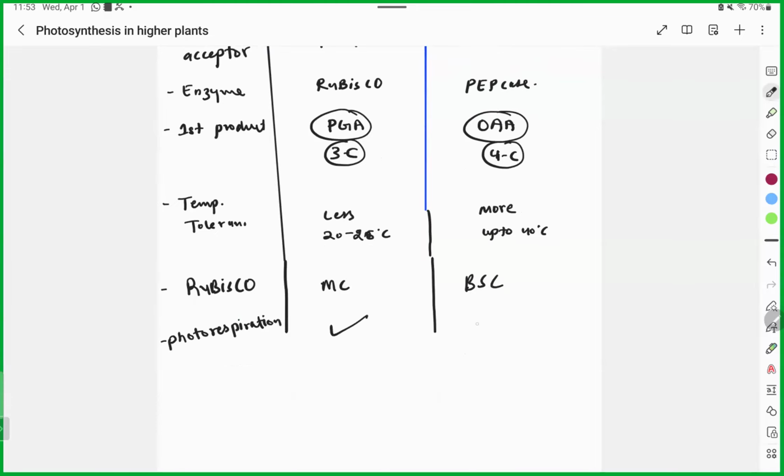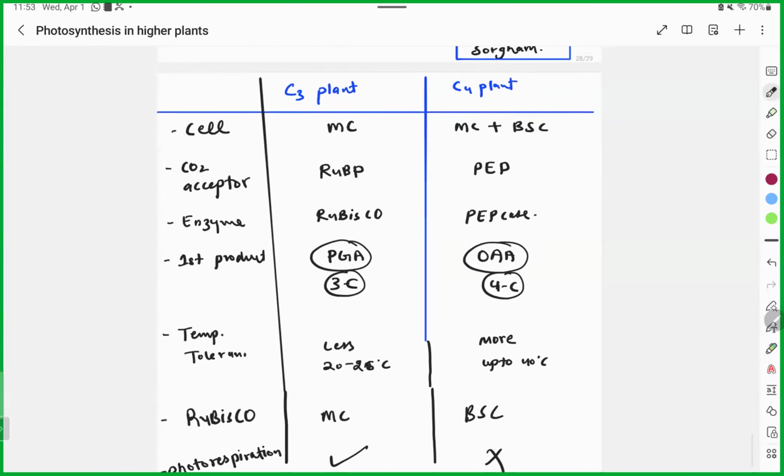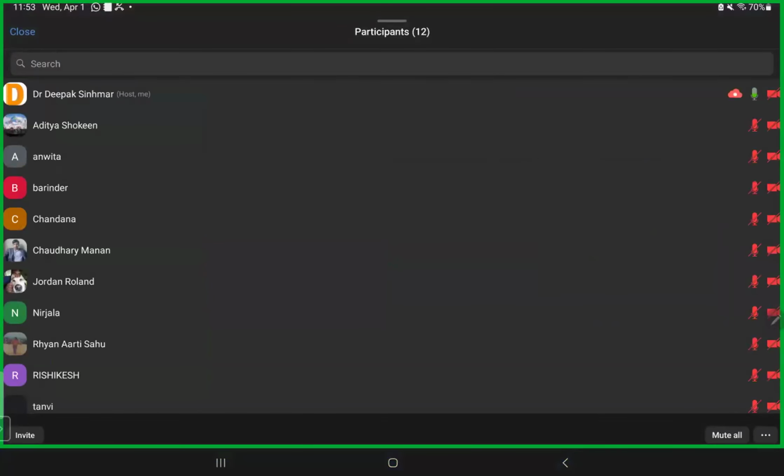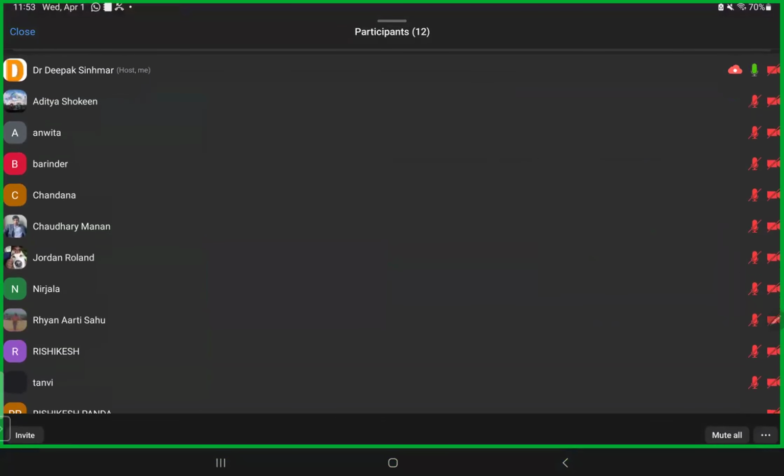It is present in C3 and absent in C4. Tell me, up to here, any doubt? Up to here any doubt, guys? How many of you understood the C3, C4 cycle thoroughly? Raise your hand.